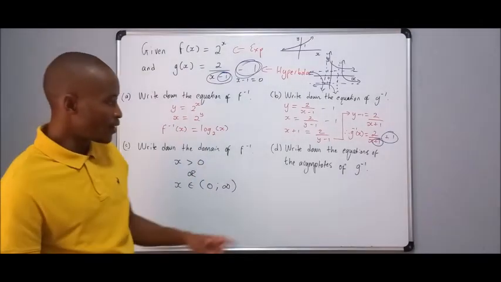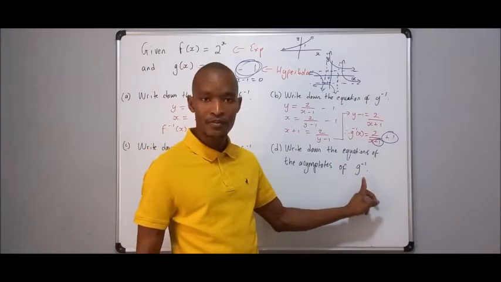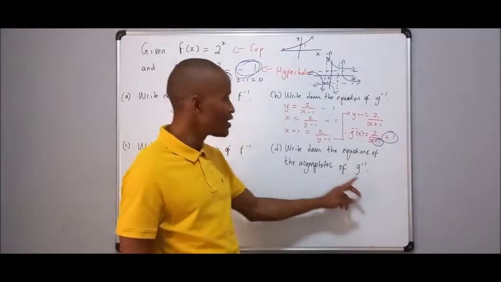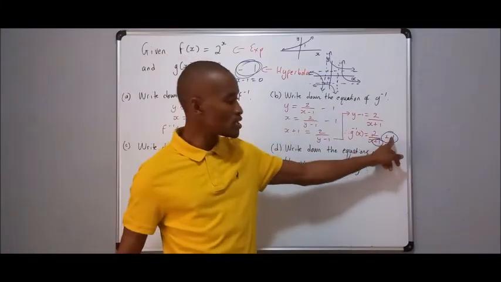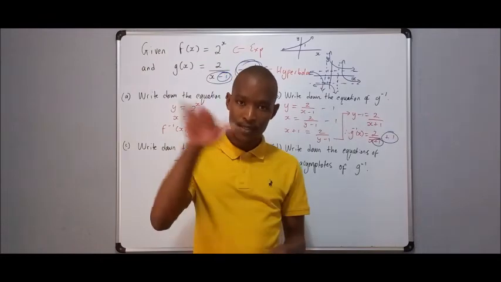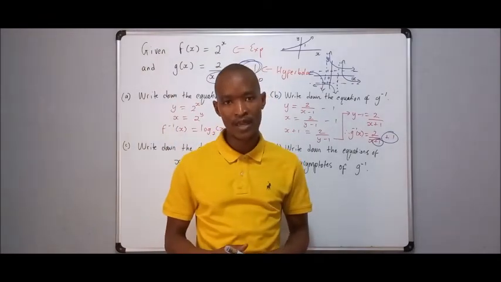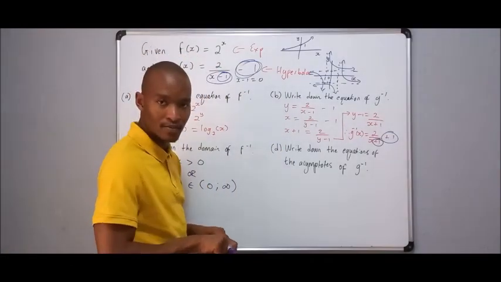Good. Now write down the equations of the asymptotes of the inverse of g. We do understand that there has been a change in the positions of the asymptotes because we are reflecting in the line y equal to x, and it affects both the horizontal and vertical asymptote here.